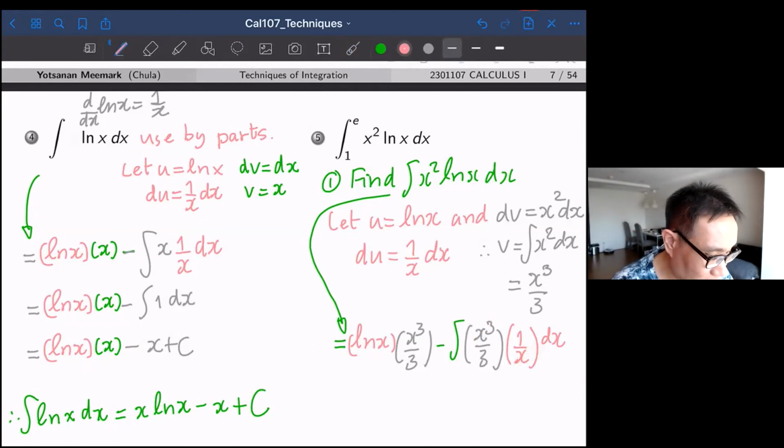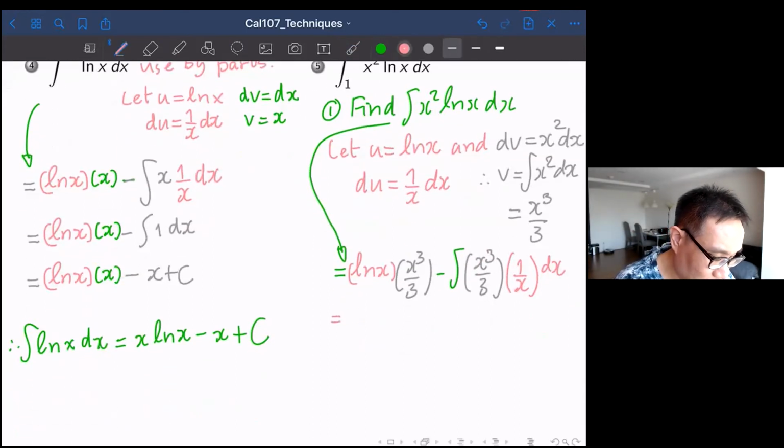So you see that this one turns out to be log x multiplied with x cubed over 3, and you integrate, so it's going to be 1/3 x squared dx.